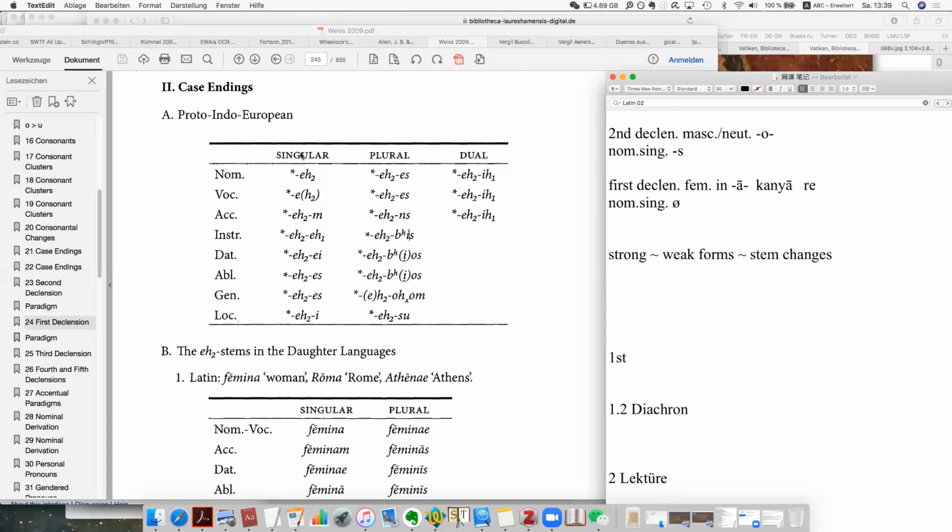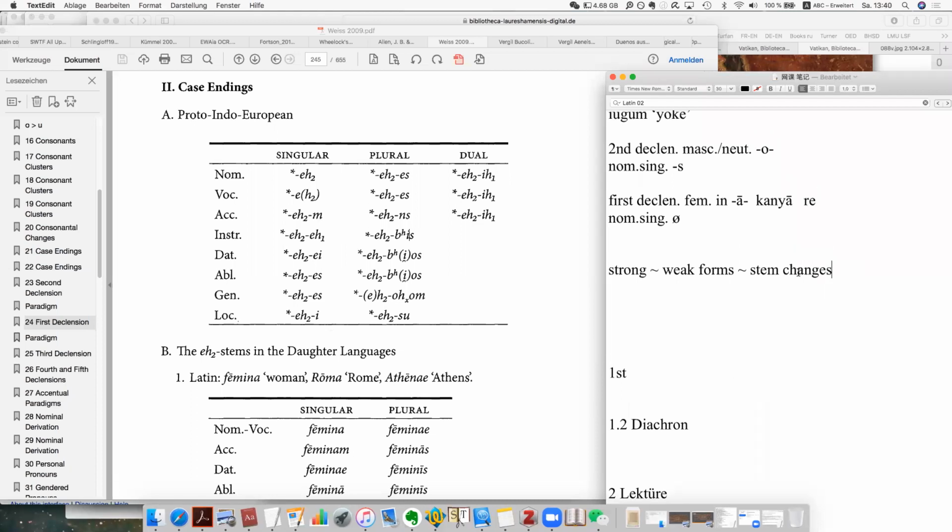But you can check it here. This is the ending. Right. This is the correct answer. Thank you, Mr. John. So this is actually the reason why, for the first declension, we don't have an ending, because this is already the ending.